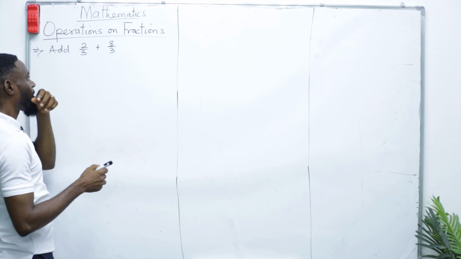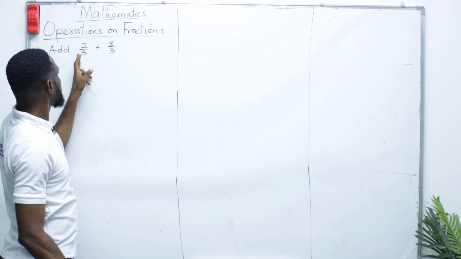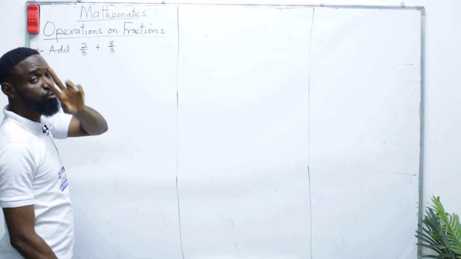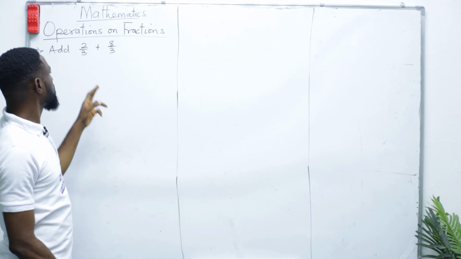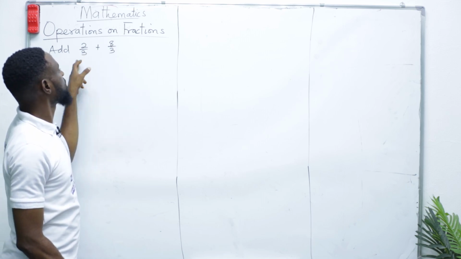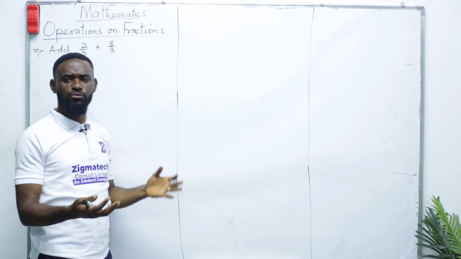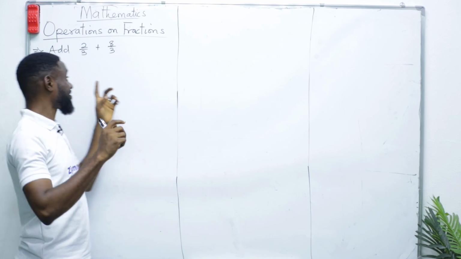Since they have the same denominator, I will teach you two ways of doing this. The first one is to find the LCM of the two denominators. The LCM of 3 and 3 is still 3.